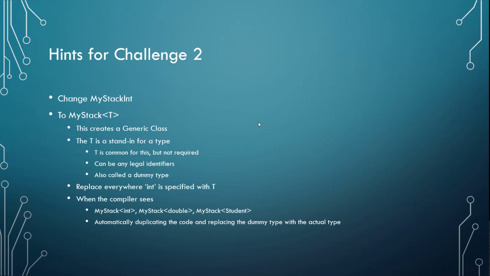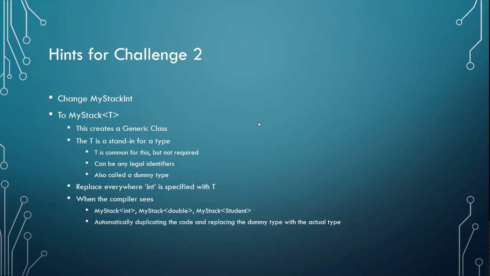We're going to change MyStackInt to MyStackT, and this creates a generic class. So the T here is a stand-in for a type. T is commonly used, but it's not required. It can be any legal identifier. This is also called the dummy type, the stand-in type.